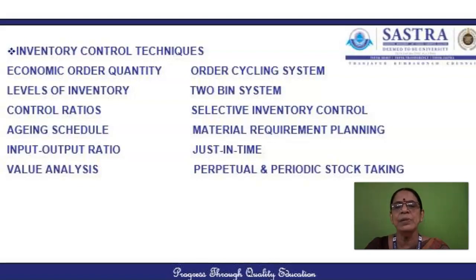Take for example, the input of raw cotton is 1000 kgs. Output is said to be 900 kgs. Input-output ratio will be 1000 by 900, that is 10 by 9. That will be 1.111. Then, how to review these slow and non-moving items?